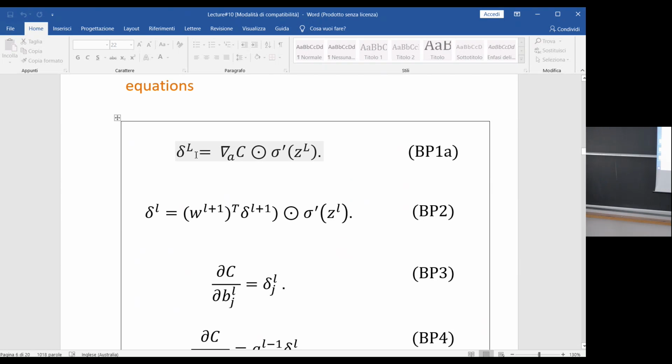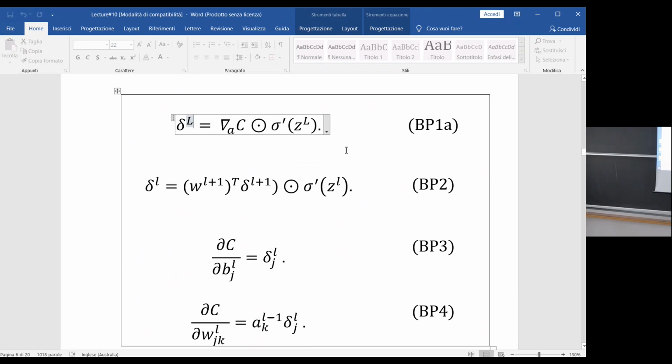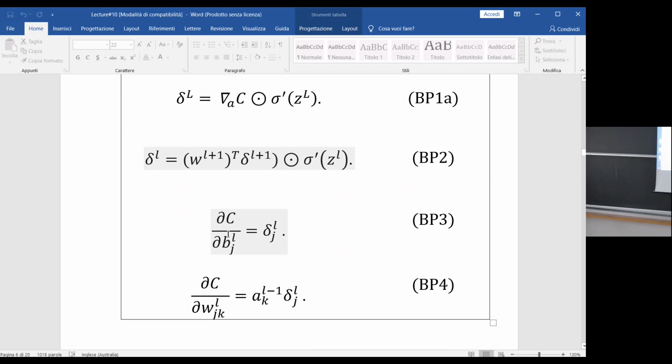Evaluation of delta L, the error of the output layer, then evaluation of the error parameter in any layer L, and then the expression of gradients of the cost function for the variables, our biases and weight parameters.